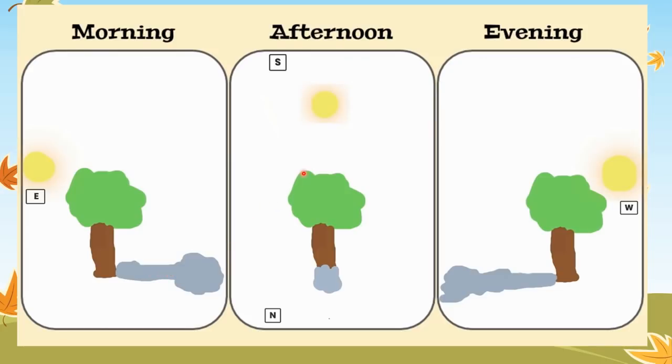In the afternoon, the sun is above the head and the shadow of the tree is very short. In the evening, the sun moves from east to the west and the shadow is long and the shadow is in the east direction.